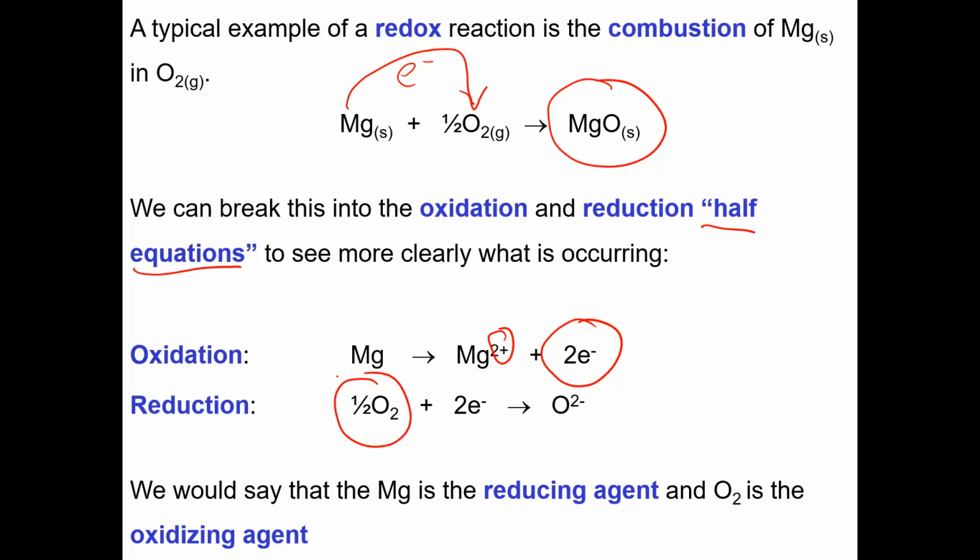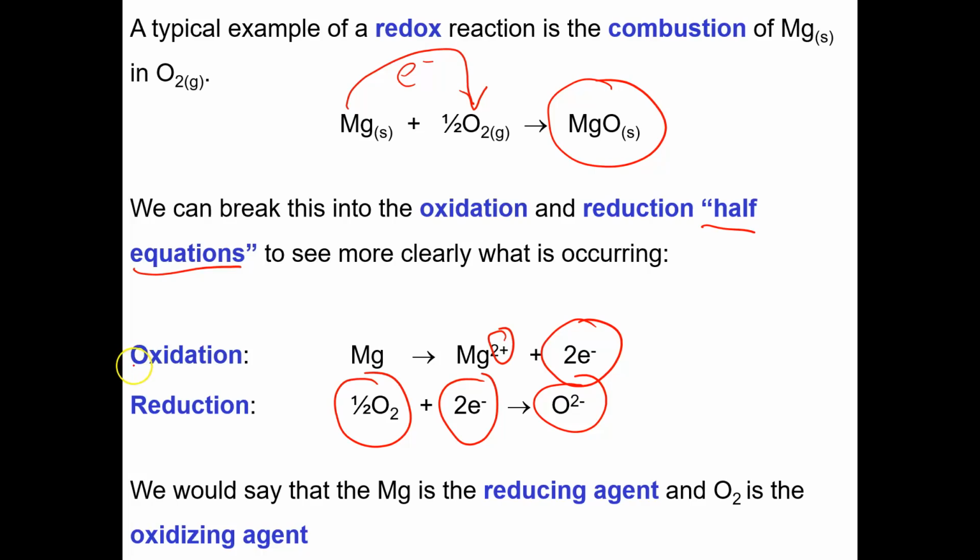The oxygen gains 2 electrons, and that results in the formation of the oxide anion. And we know that oxygen likes to form an anion because it's a nonmetal, and because oxygen is in group 6A, we know that it likes to form a 2- anion, giving an electron configuration like its nearest noble gas.